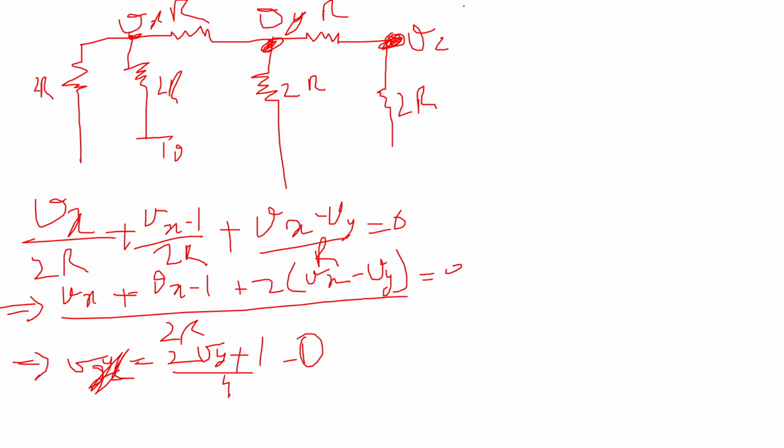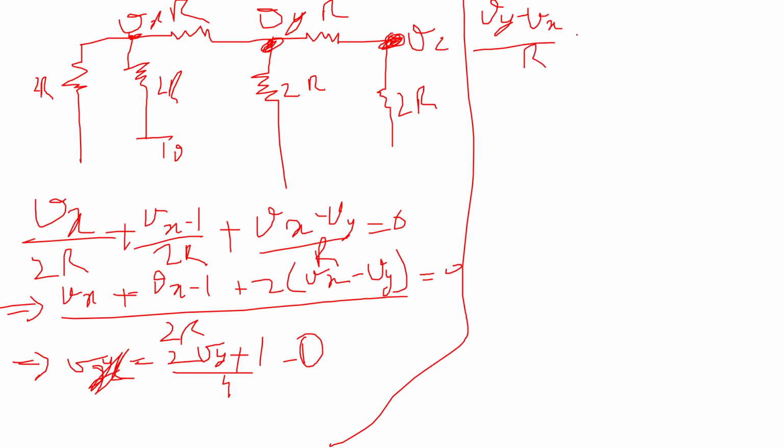Now let's do the nodal analysis at Y. So we have (Vy minus Vx) by R plus Vy by 2R plus (Vy minus Vz) by R equal to 0. Then again taking 2R as denominator and transposing to the right side, I'm just skipping some steps.